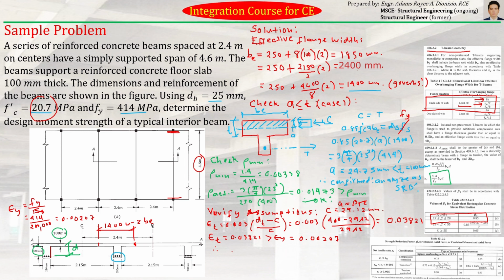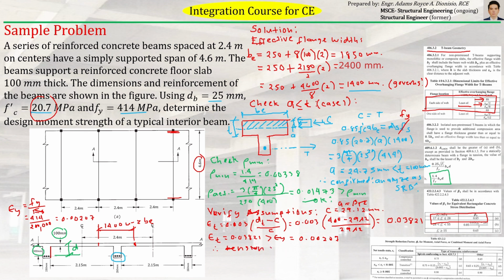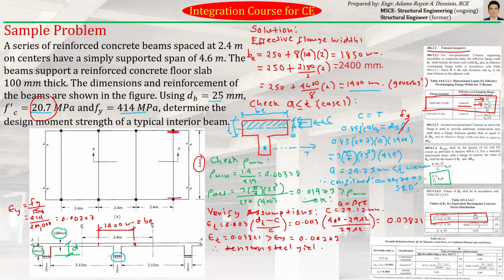Therefore, confirm ulit na tension still yielded. Okay? So, na-confirm natin na yung tension still natin nag-yield talaga. Kasi yung strain niya greater than the strain Y. Okay? So, confirm yung assumption natin. Tama yung ginawa nating solution.